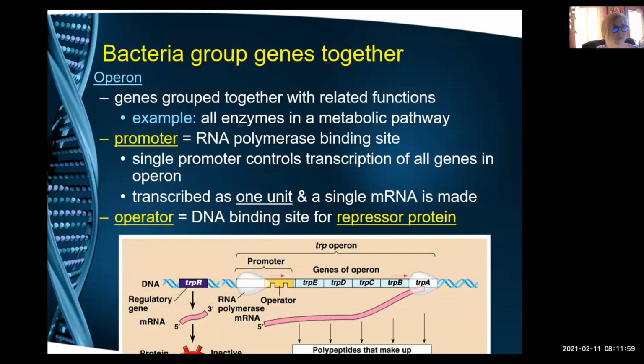They all are going to have a regulatory gene upstream right here that codes for the regulatory protein. They're all going to have a promoter sequence. We've talked about the TATA box. They're all going to have a promoter sequence where the RNA polymerase will bind. They all are going to have these structural genes. Each of these genes codes for an enzyme, for example, along the process. They all have an operator right here. This is what is going to turn the gene on or off.